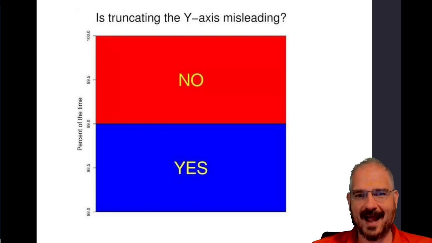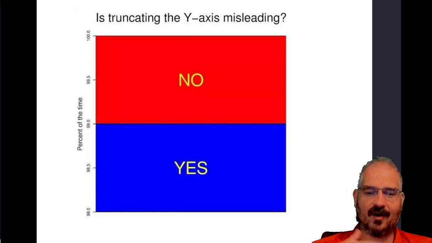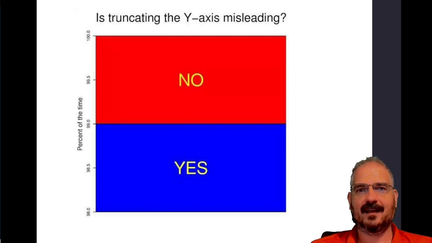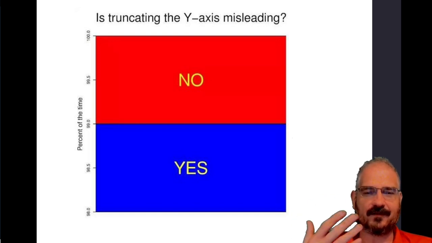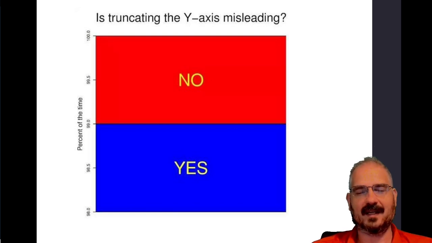But because the y-axis is truncated, and it's not showing 0 through 98, the easily gathered information from just glancing at something is completely misleading.